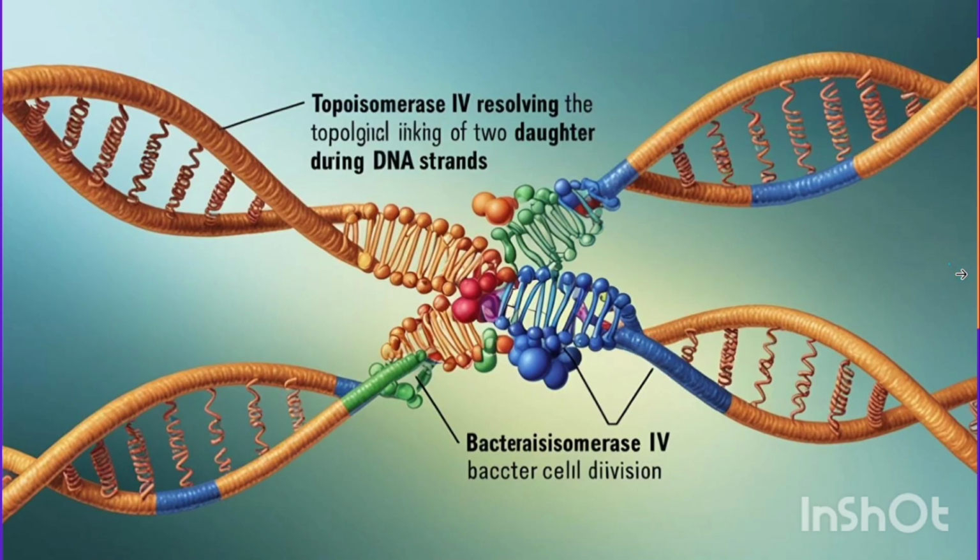Fluoroquinolones also exhibit another mechanism of action, especially the second generation fluoroquinolones. After the formation of two daughter DNA strands, there is an interlinkage between them. In order to remove this interlinkage and make the two DNA strands into separate daughter DNAs, the topoisomerase 4 enzyme comes into play and helps in breaking down the interlinkage.